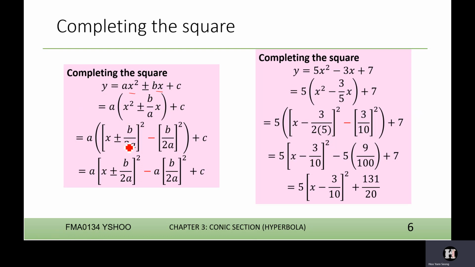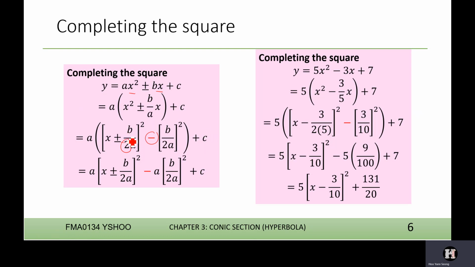After that, by default, remember the b over a, you're going to obtain a 2 over here, then you put a bracket squared, and remember this one is actually minus. Regardless of whether this is plus or minus, this is always a minus. You are going to minus whatever b over 2a is, and don't forget to put square. Then we just leave our c outside.